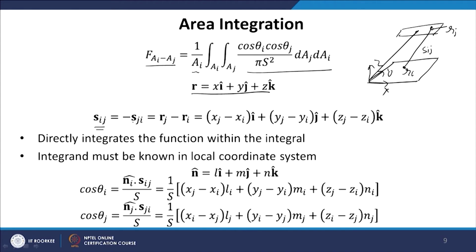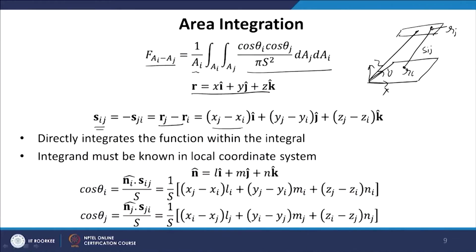So, Sij is equal to Rj minus Ri, and the vector in the direction Sji is just the same with a minus sign, okay. But ultimately what we are doing is taking the vector difference between the two coordinates, and this can be written as (xj minus xi) i, (yj minus yi) j, and (zj minus zi) k, okay.